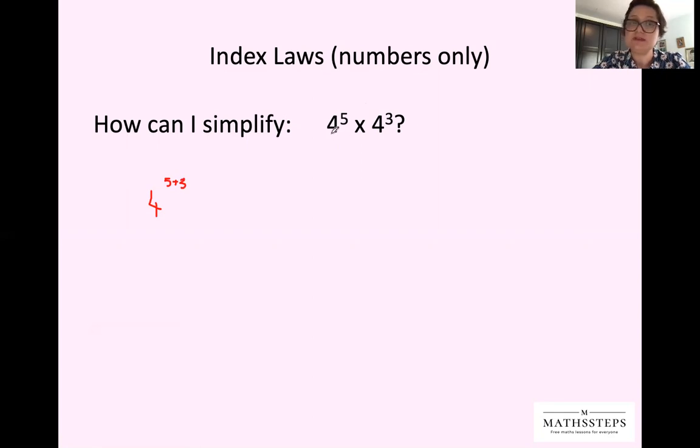Same numbers, but different indices. Even if they have the same indices, you still have to add the powers. So the final answer is going to be 4 to the power of 8. Now, there are questions when they're going to ask you to find the answer not in a power form, but just the answer. And in that case, you have to use the calculator.